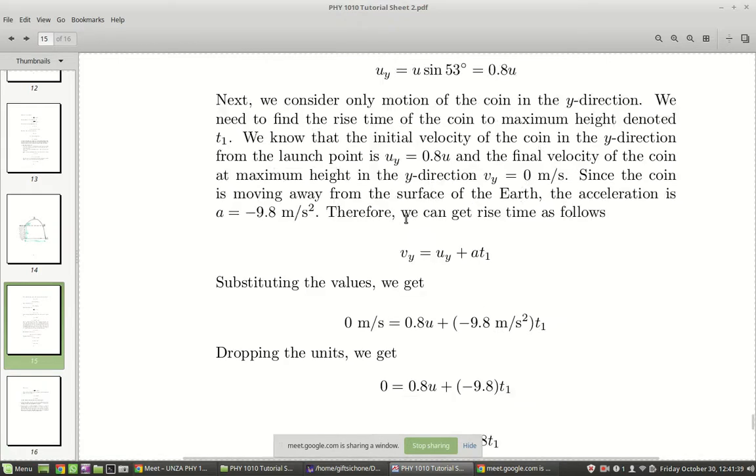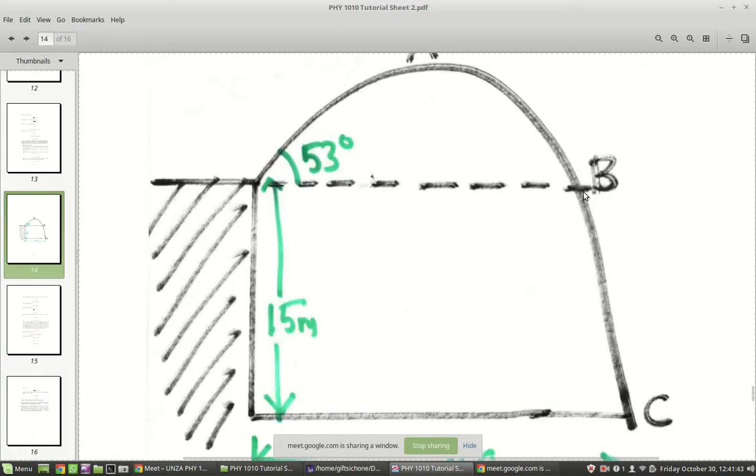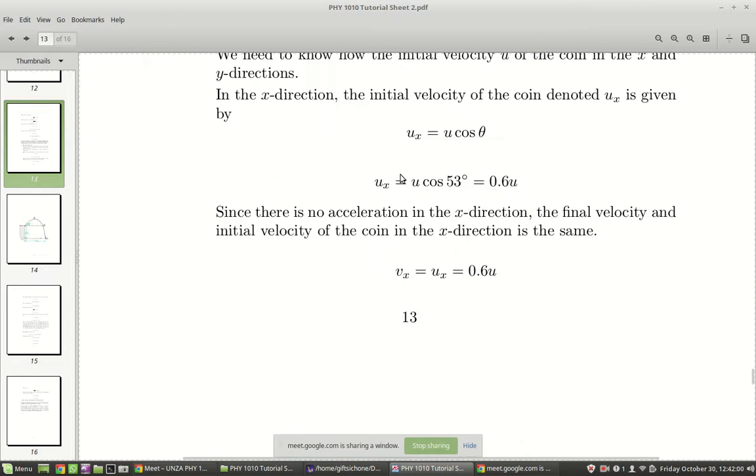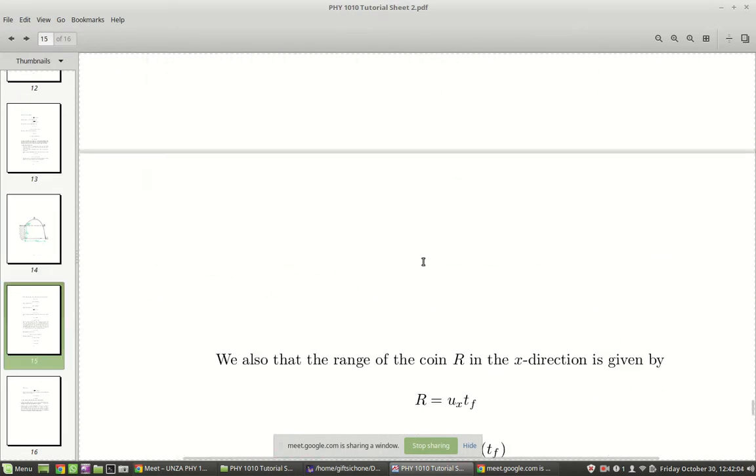So what do we have? We are at B here, right? We know from the previous example we worked out that the velocity at B is the same as the launch velocity upwards, except going downwards.